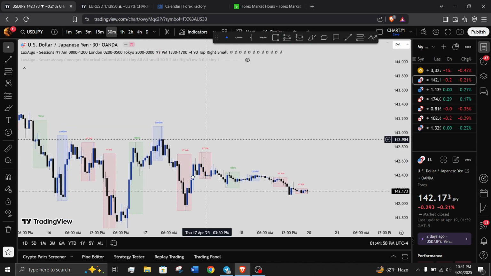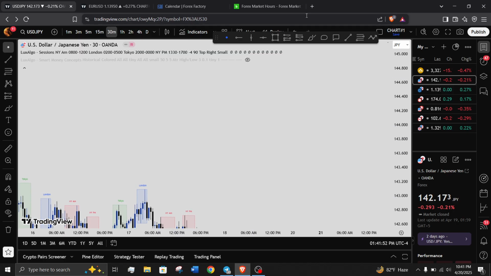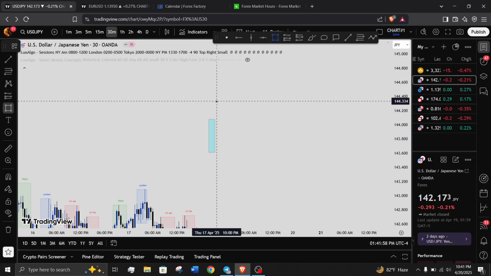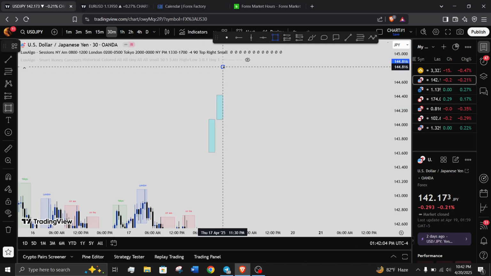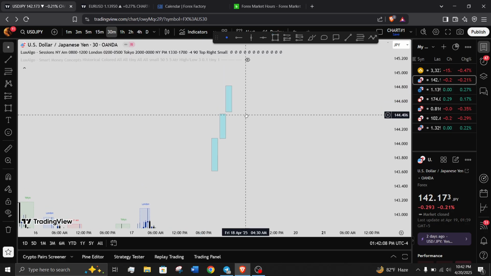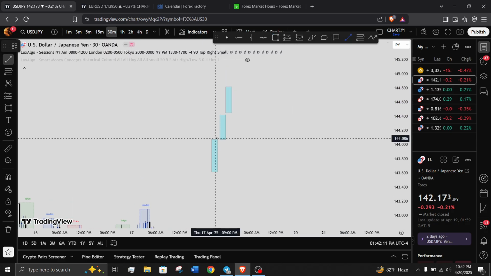Now I will tell you about fair value gap. What is a fair value gap? Let's say these are three candles. Fair value gap will always be in the form of three candles.